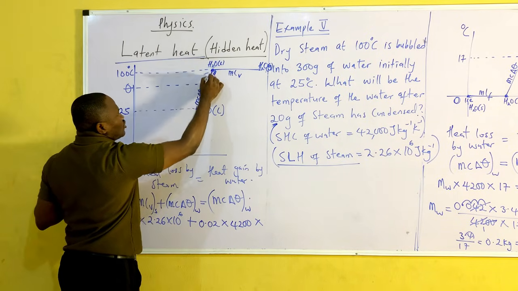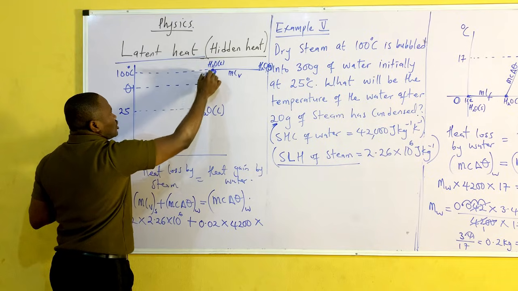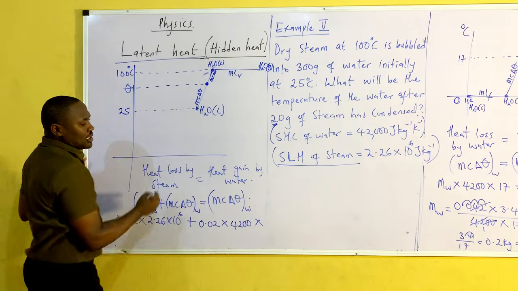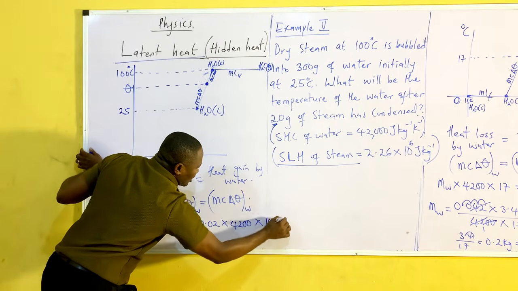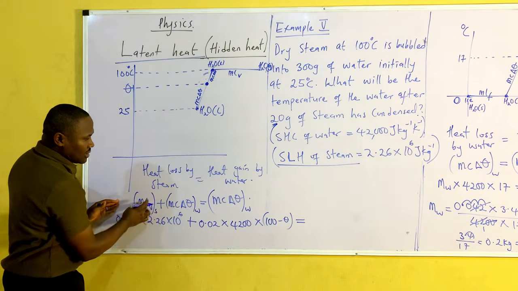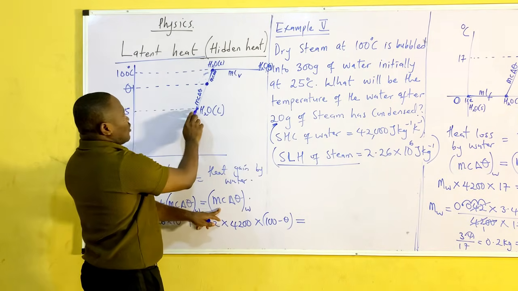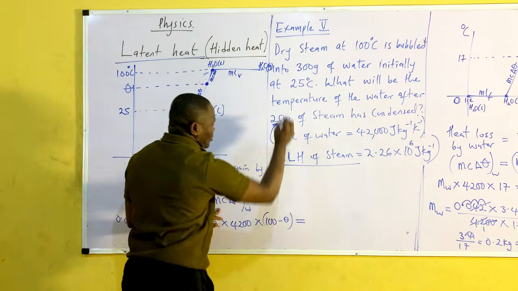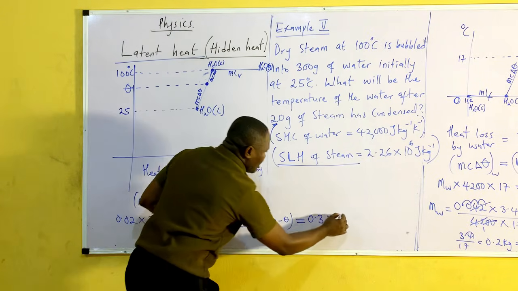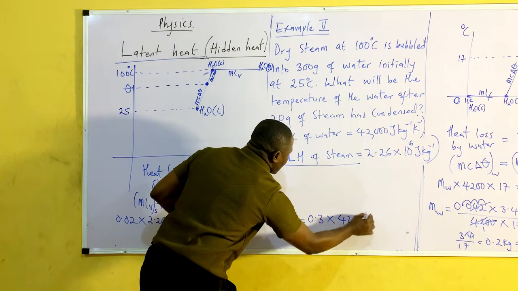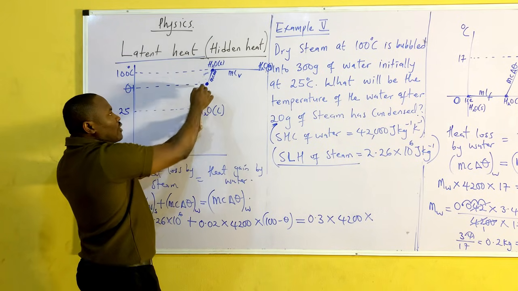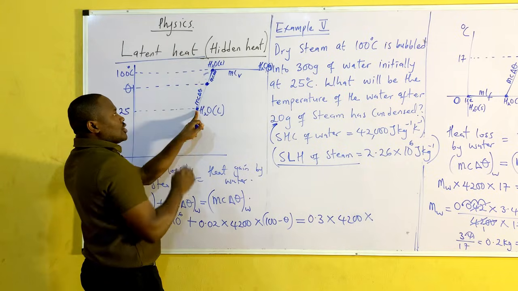Now, from this point to this point, we do not know the temperature change, but what we know is that it is 100 minus theta. So it becomes 100 minus theta is equal to, now I've done everything here, the mass of water. The mass of water is 300 g, which is 0.3 kg, times the specific heat capacity of water, 4200, times the temperature change. It is changing from this particular 25 to that unknown temperature, somewhere around there.